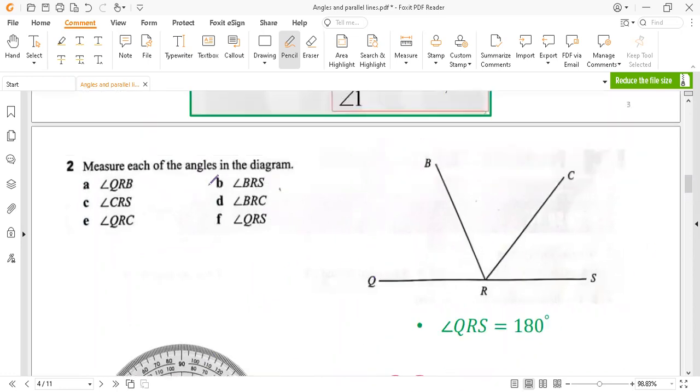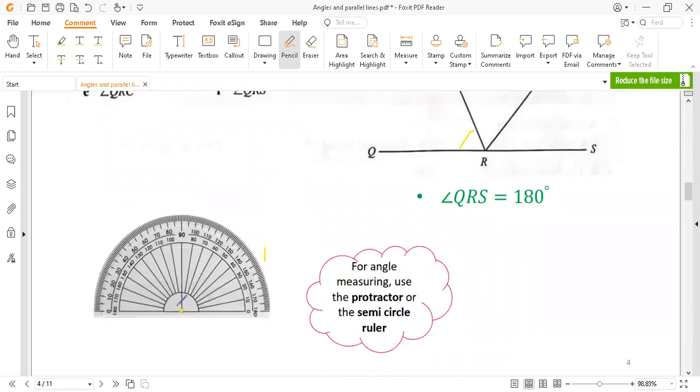They ask us, for example, to measure QRB, Q, R, and B, this one. So we can put the ruler and fix the origin on R because we want to measure this angle.